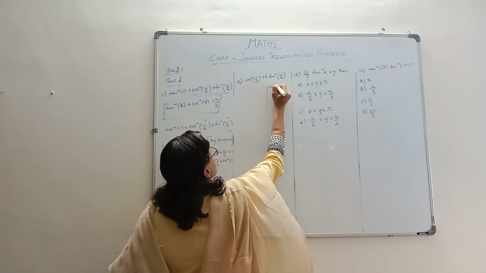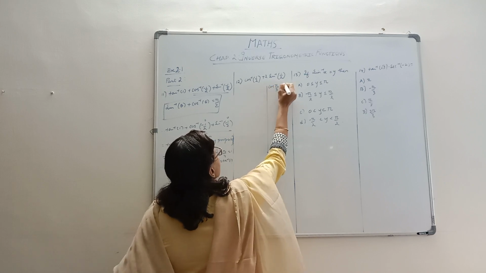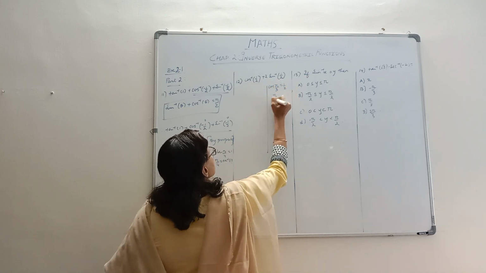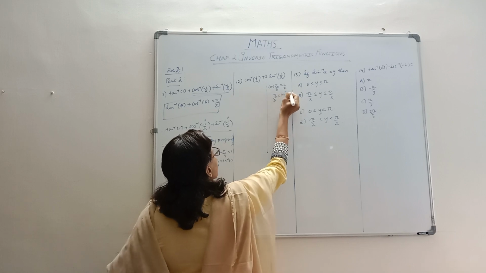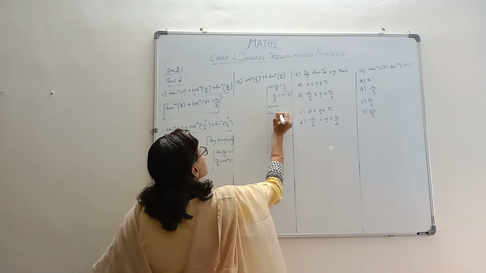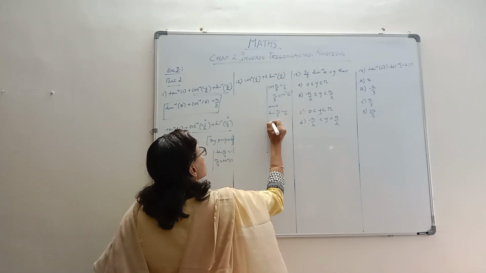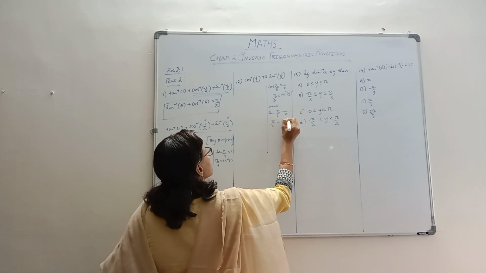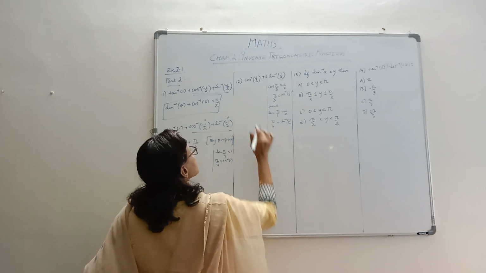Say cos pi by 3 is half. So pi by 3 is cos inverse of half. And sine pi by 6 is half. So pi by 6 is sine inverse of half. Let's have these values here now.